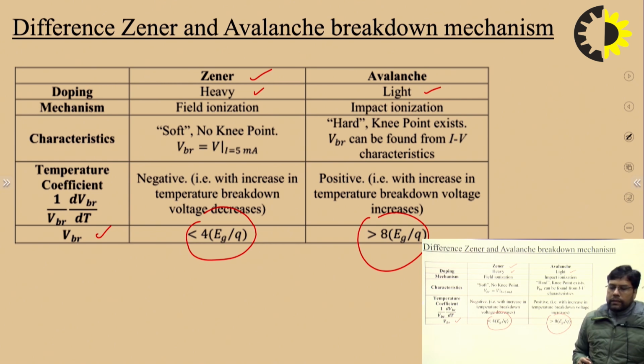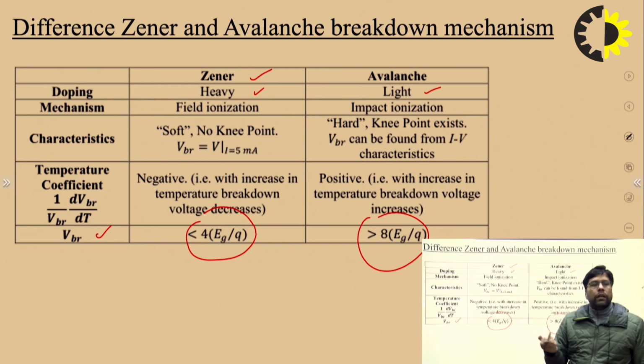So in this lecture we have studied the PN junction diode, then the energy band diagram of the PN junction diode, and then the effect of different biasing conditions on the depletion layer.